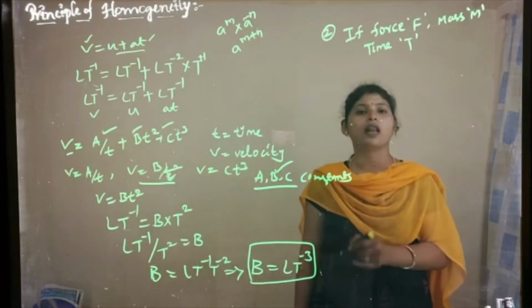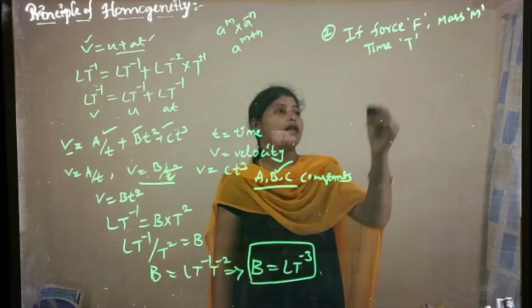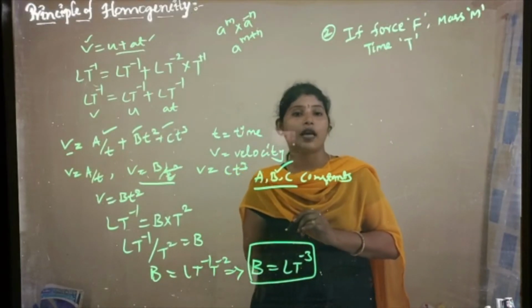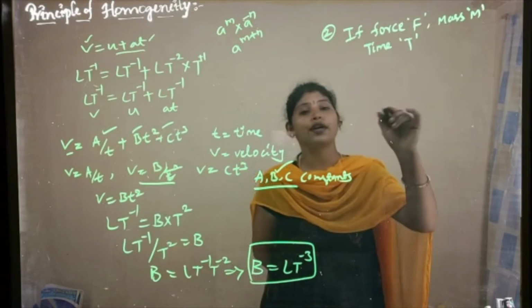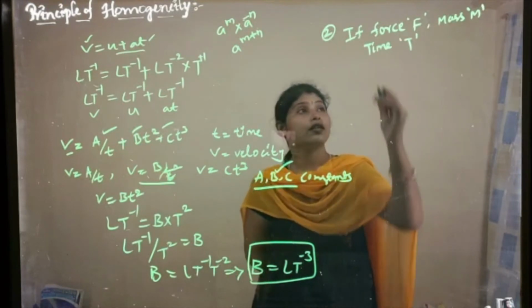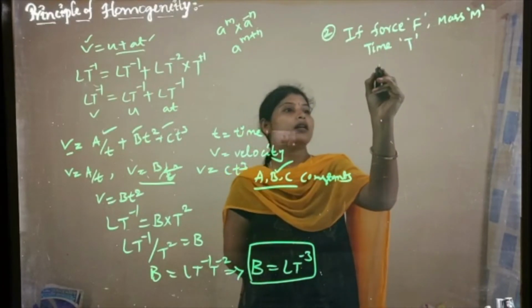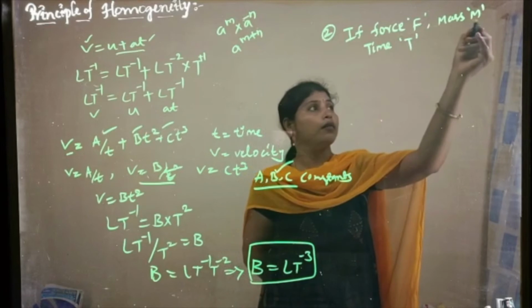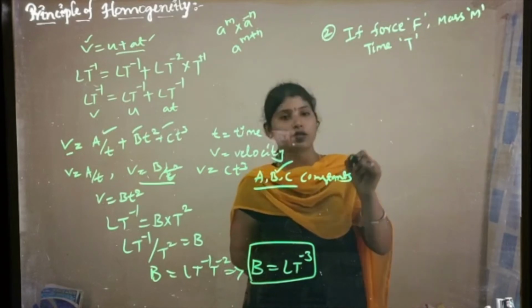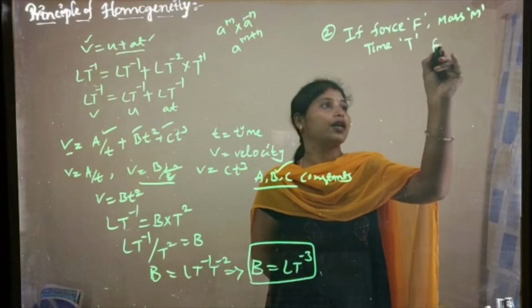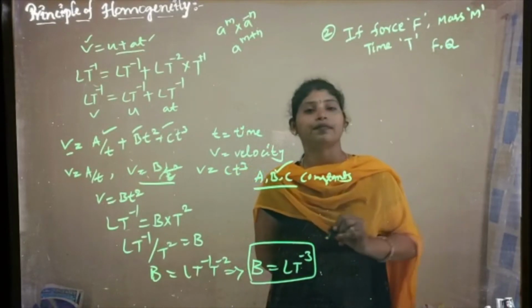We have to find the dimensional formula of length with the help of these fundamental quantities, where F equals force, M equals mass, and T equals time.